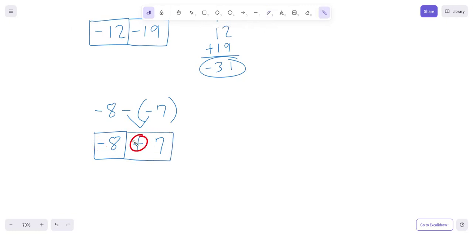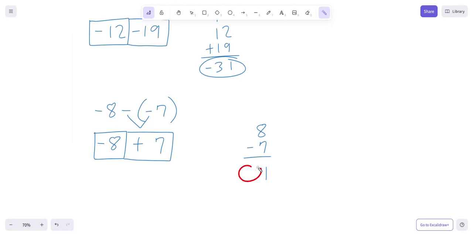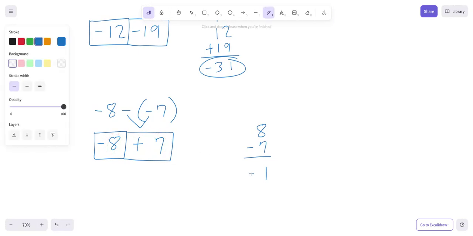Here the signs are opposite. If they're opposite, we need to subtract. So 8 minus 7 is 1. And then we got to figure out if it's positive or negative 1, right? My 8's more negative than my 7 is positive, because 8's bigger than 7. So ultimately, my answer is going to be negative 1.